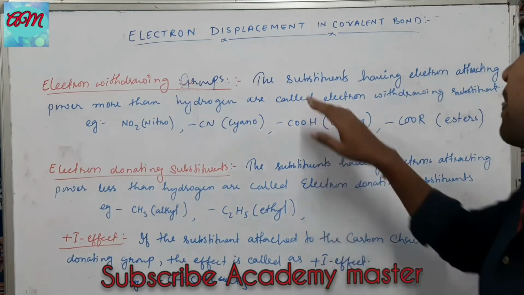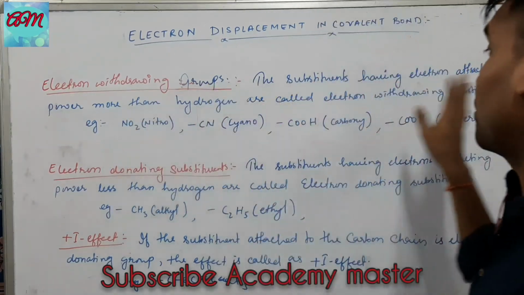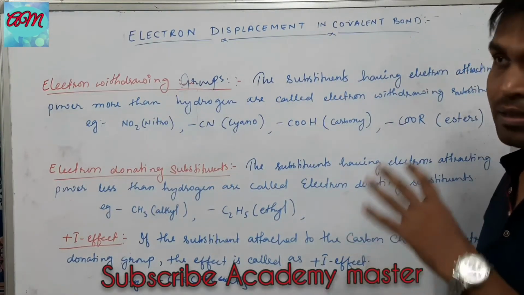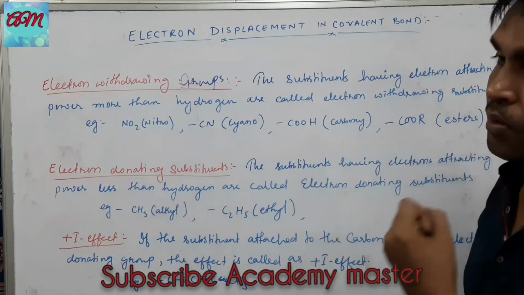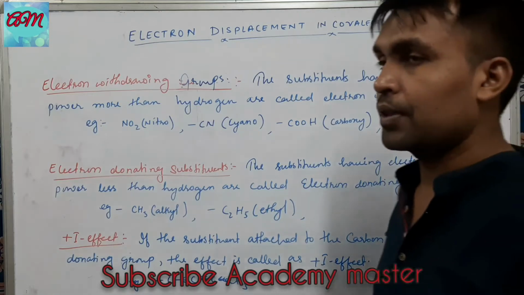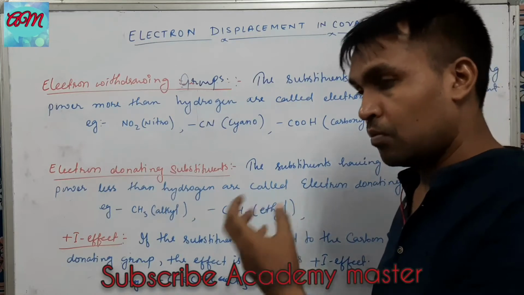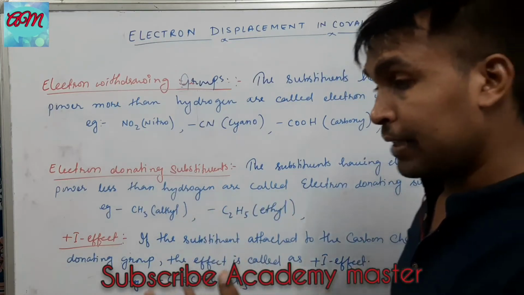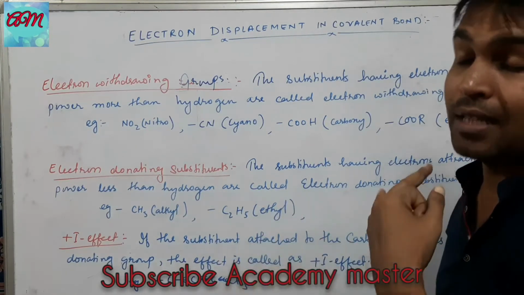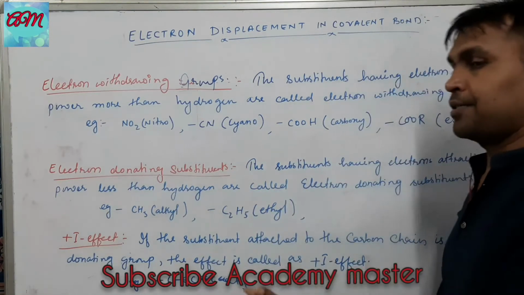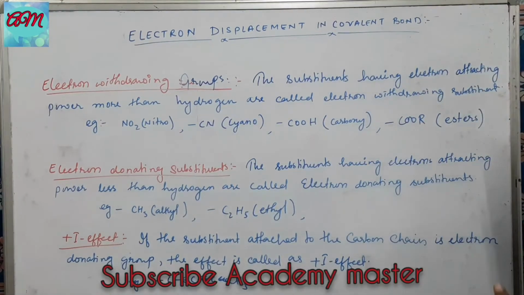In simple terms, the substituent having electron attracting power more than hydrogen is called an electron withdrawing group. This is the definition. Those substituents, meaning those functional groups which have the capability to attract electrons more, which have attracting power more than hydrogen, are called electron withdrawing groups, or substituents.